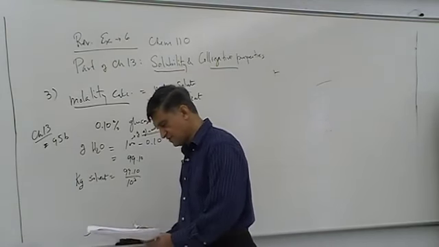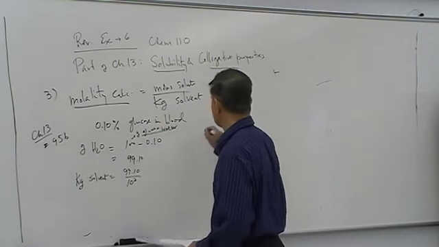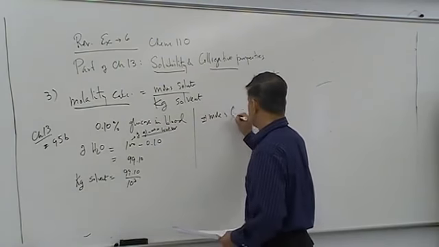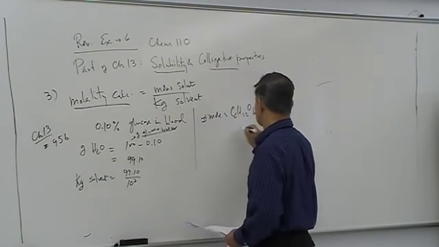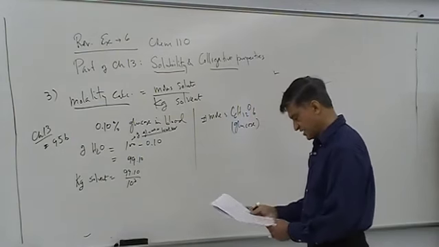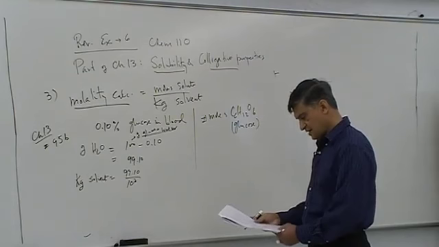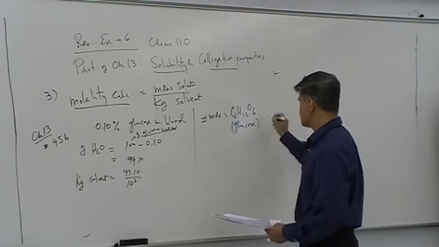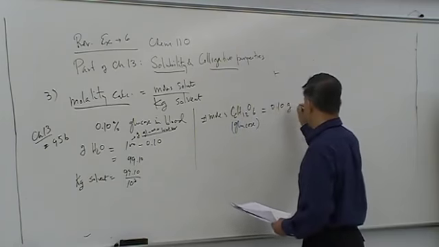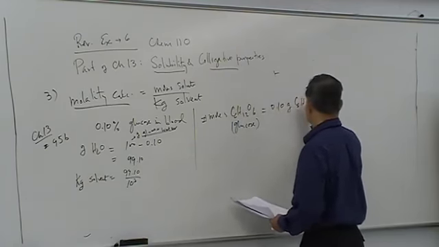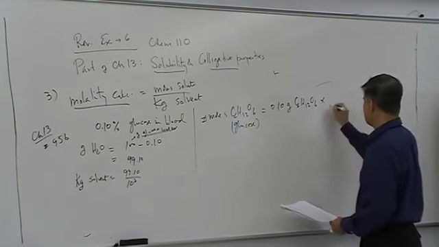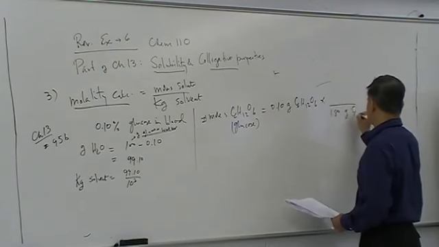Now we need to know the moles of solute. Now how do I get the moles of solute? I'll just give you the hint here. So solute is C6H12O6, which is glucose. The formula of glucose is C6H12O6. Now from here you can get moles like this. We already know gram of glucose, 0.10 gram C6H12O6, times molecular weight, which is 180 grams C6H12O6 per mole.